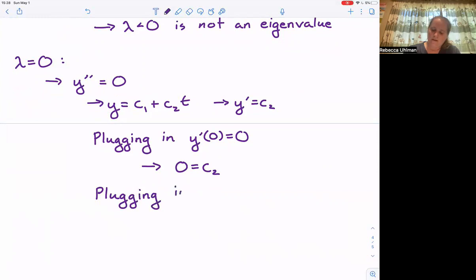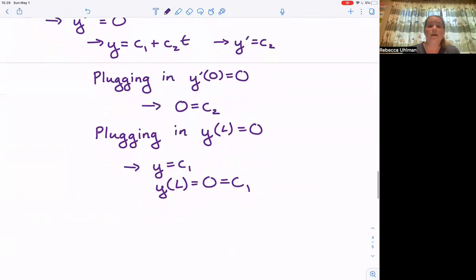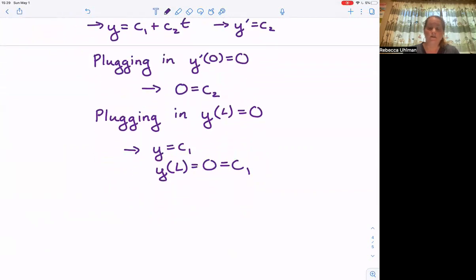Plugging in y of L equals 0, then we have y equals C1. So y of L equals 0 equals C1. And again, we have 0 is not an eigenvalue.